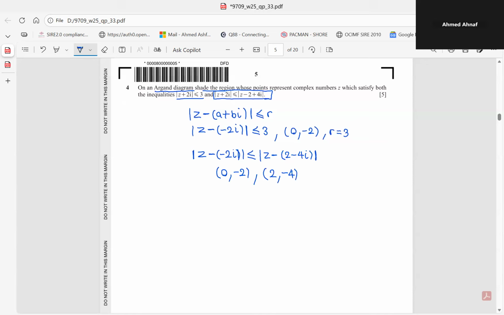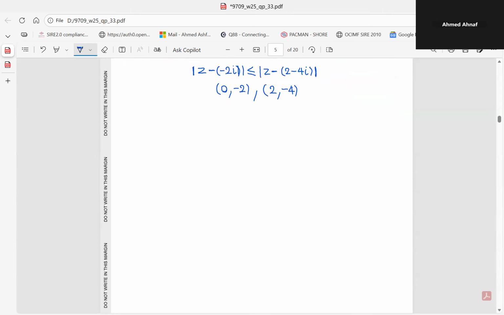So these are the 2 points that we want to construct the perpendicular bisector of. And since the sign is less than or equal to, the region would include everything above the perpendicular bisector. We'll see how.